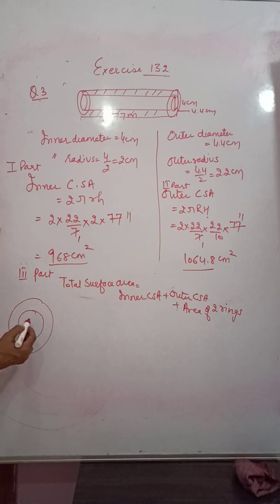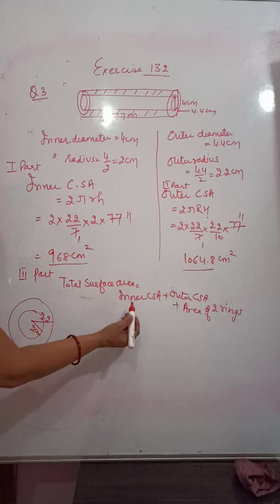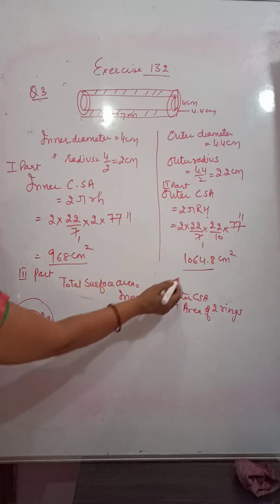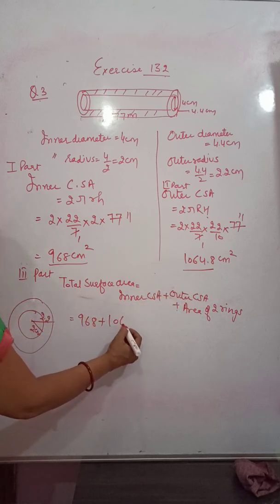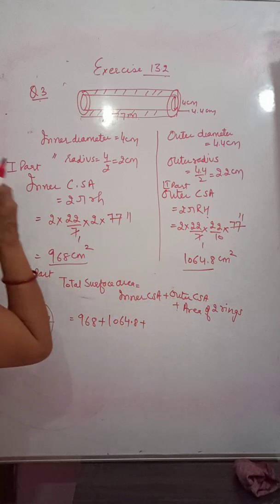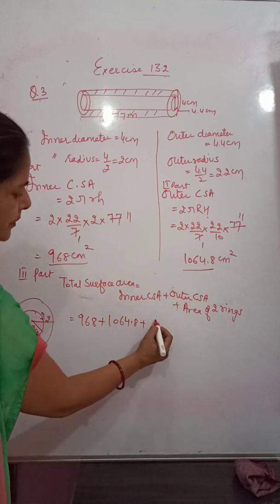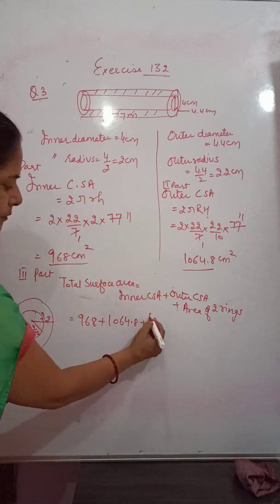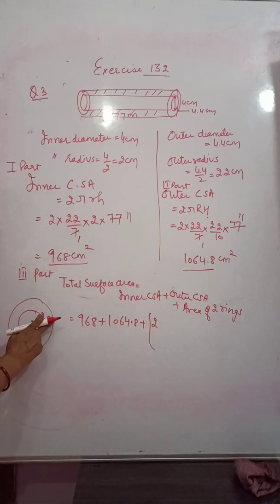Two rings. Now outer radius is 2.2 and inner radius is 2. And these are of circular shape. So look, inner you have found 968. Outer you have also found 1064.8. And for area of two rings, what you will be doing? 2 into, better, outer area minus inner area.